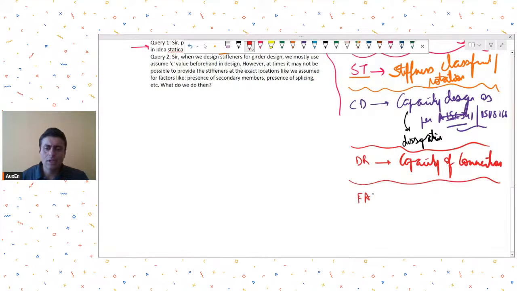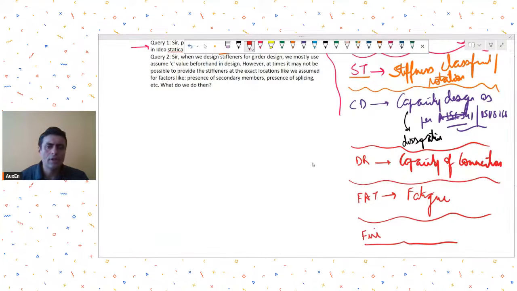Then I think there is this fatigue analysis, where you can do the cyclic testing or fatigue related checks. So this is fatigue analysis. And I think now in the newer versions, they have also included this analysis for fire. So for fire related options, they have included this analysis type, fire. So these are the different options available in Idea Statica for analysis.